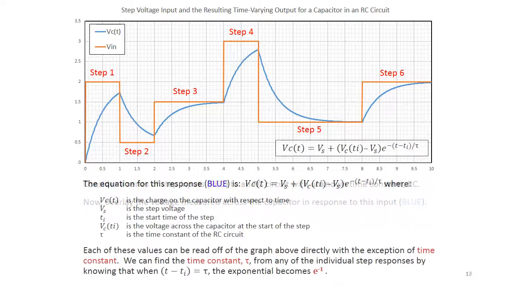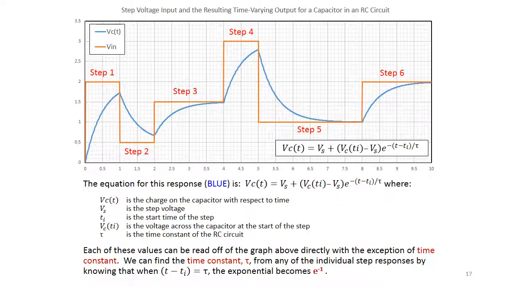So now we're going to be able to look at the equation for this response. The equation for this response is given here, where Vc is the charge in the capacitor with respect to time, Vs is the step voltage, Ti is the start time of the step, Vc is the voltage across the capacitor, and tau is the time constant, RC, like we usually use. We're going to be able to come back to the equation, and each of these values can be read off the graph above directly, with the exception of the time constant.